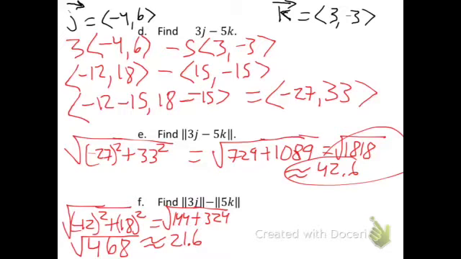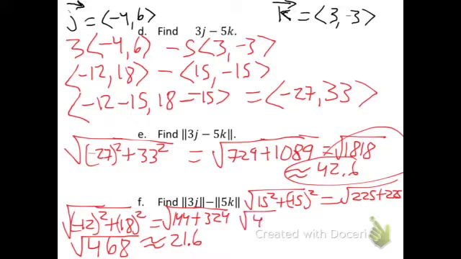That's the magnitude for 3j. I need to now get the magnitude of 5k. To do that, I need to do 15 squared plus negative 15 squared. 15 squared is 225. And if you combine them together, you're looking at the square root of 450, which is approximately 21.2.